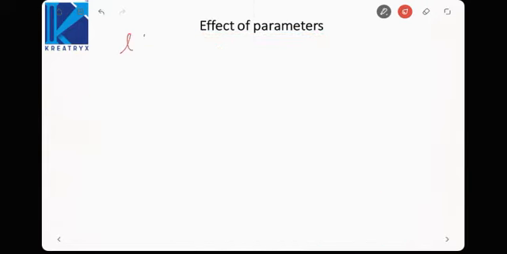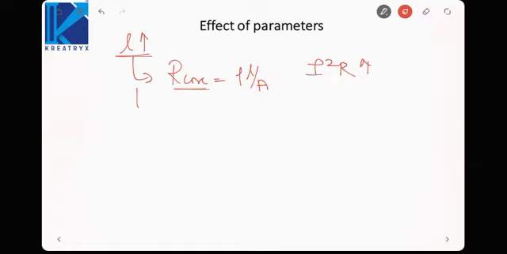Next, suppose we increase the length of the line. Increasing the length will decrease the resistance? As we saw, the resistance is inversely proportional to length. No, the resistance that we are talking about here is the core resistance, and R core is rho L by A. So increasing the length increases the core resistance and I square R losses increase.